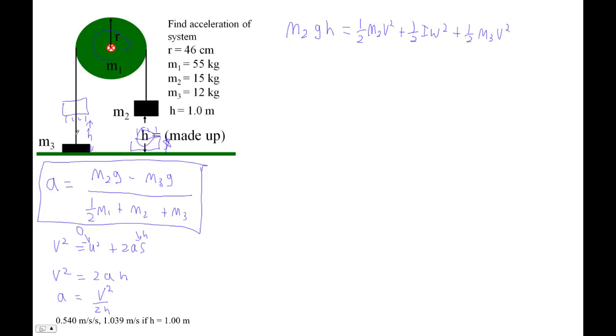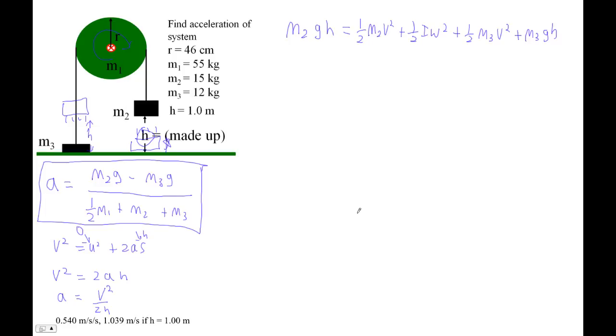And then don't forget that this guy's going to be up in the air, so plus m3gh. Now, I guess you had to think of all those terms, but that's it. Physics is done. All we're going to do is math now. So the potential energy of this guy becomes the kinetic energy of all three objects, plus don't forget this guy's up in the air now. We've got to lift that guy up.